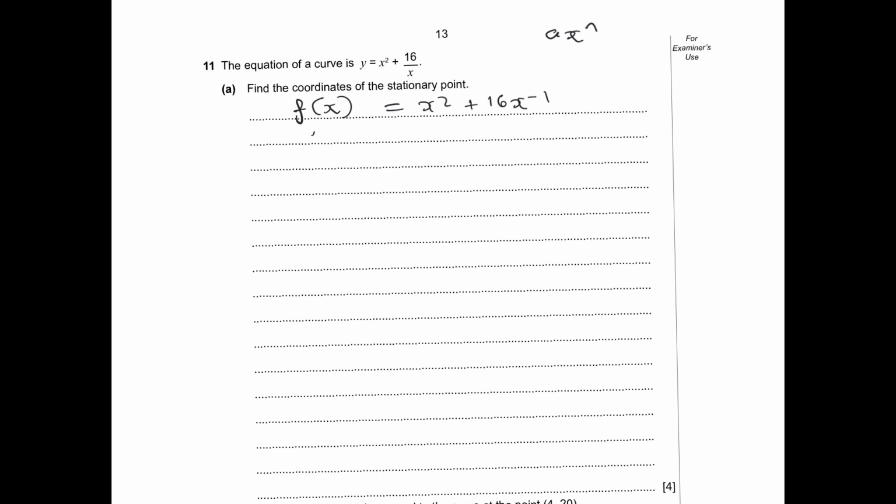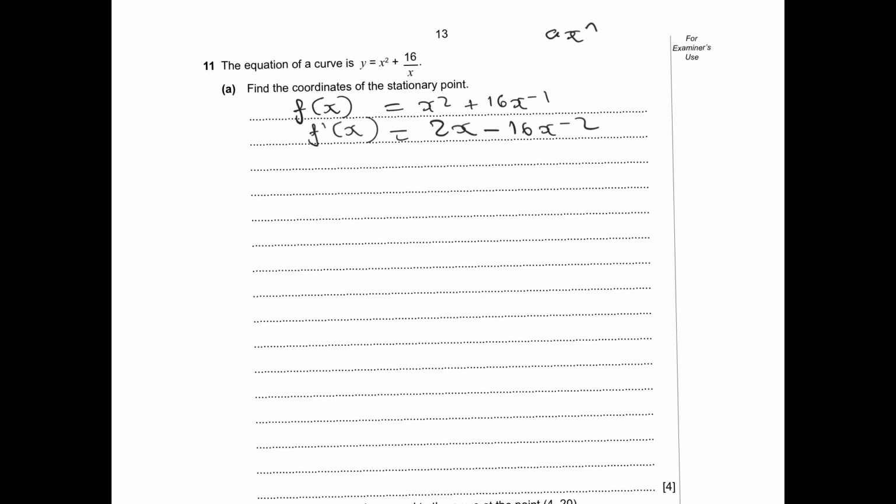Right, then we differentiate that. What are we going to have? The derivative of x squared is going to be 2x. And then the derivative of 16x to the power of negative 1 will give me negative 16x to the power of negative 2.